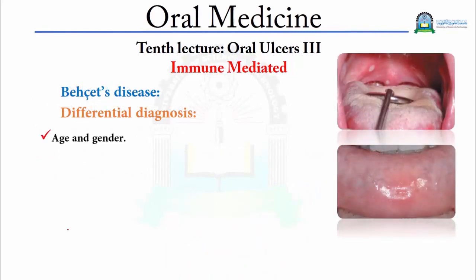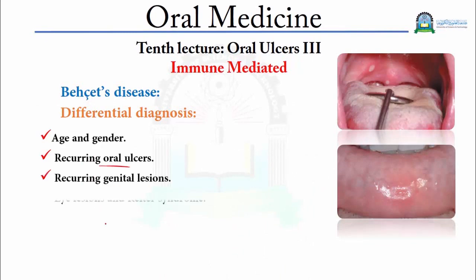What are the similarities of Behçet disease? Differential diagnosis of Behçet disease: you should take into consideration the age and the gender of the patient and the recurrence of the oral ulcers, and also genital lesions, eye lesions, and Reiter syndrome when diagnosing Behçet disease.